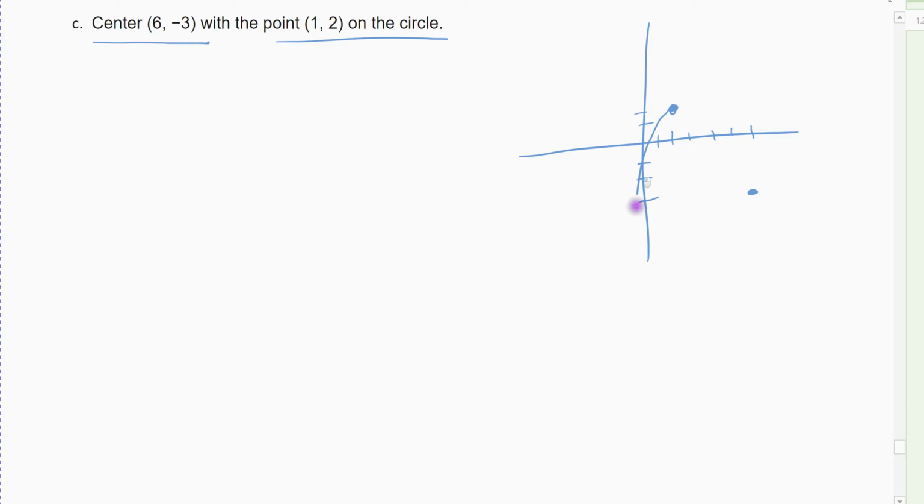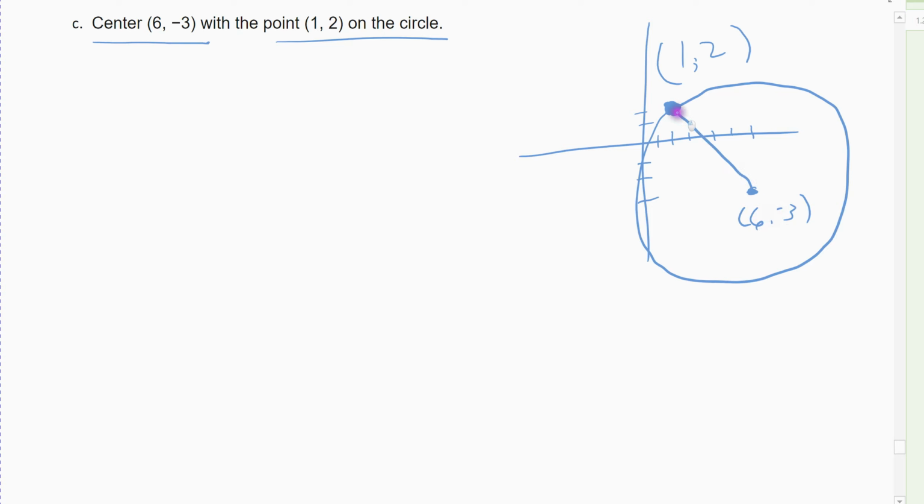Right, that's it. So that is the only information I know. That's the center, 6, -3. That's the point on my curve, 1, 2. And so what I don't know is this distance, right? I don't know my radius. I wasn't given the radius.